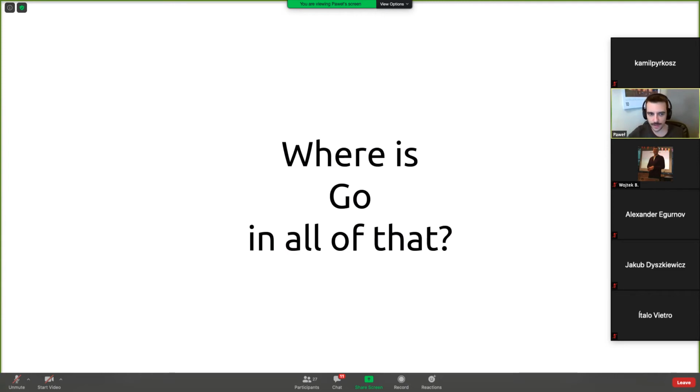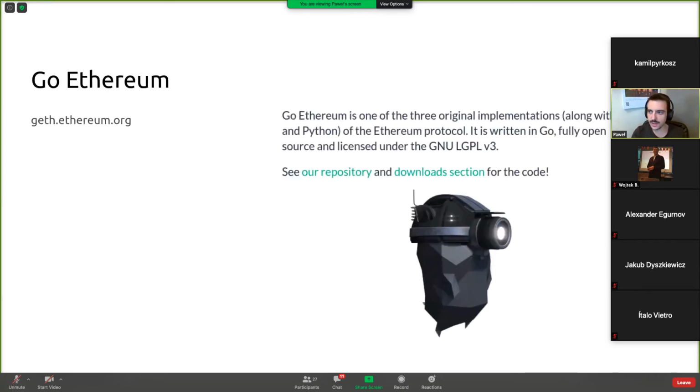So the Ethereum network has a Go client, which is called Geth, and it's one of the biggest and most popular software for a node in the network, and it's written in Go.